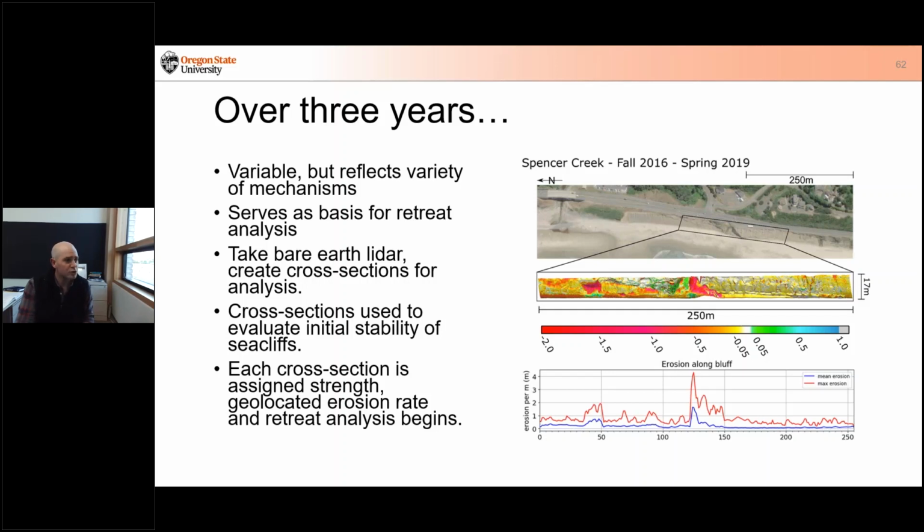We can take erosion rates and look at the depths or heights above mean sea level, for example, where they're occurring, and we can apply that to slope stability analyses and start to look at when we expect failure. We can derive the cross sections for those slope stability analyses from bare earth LiDAR. And we can look at the initial and evolving stability of sea cliffs and look at how they change over time. Do a retreat analysis.